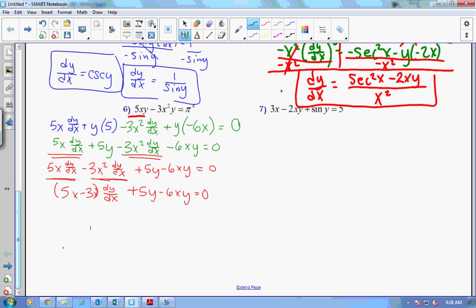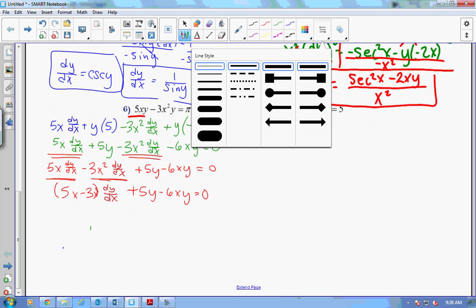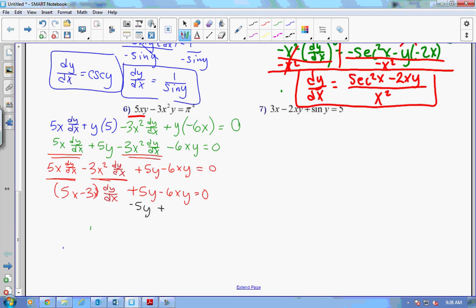Yeah, we're not done. These are long. Minus 5y plus 6xy equals minus 5y plus 6xy. See how this is, at least in my opinion, nicely organized, so I can see I've done it to both sides. It's not like floating on the top anywhere. And then I nicely cancel out what cancels.